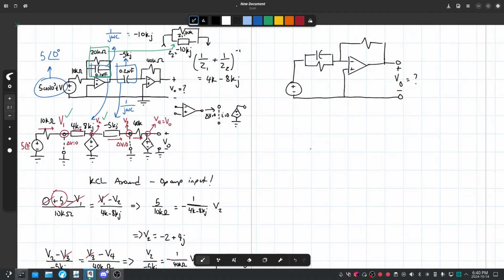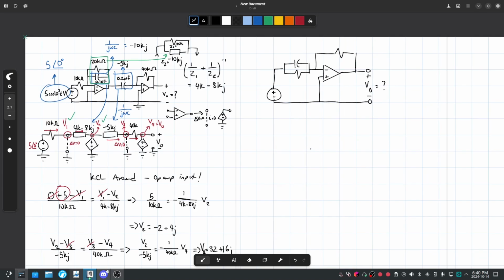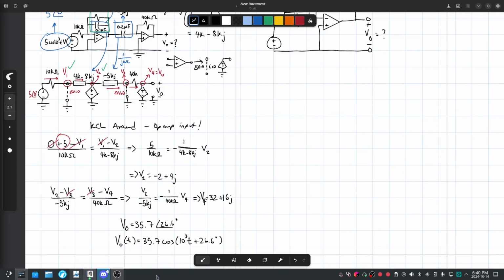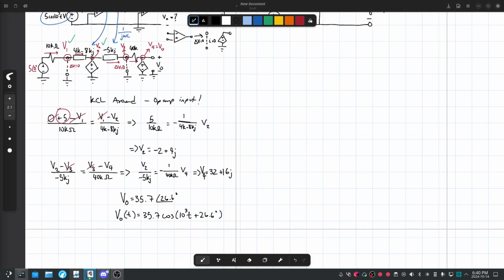Okay. So now we have solved probably the hardest op-amp question you're gonna get. I do not conceivably see how you're gonna get a harder op-amp question than this. It gets harder if it's not ideal.